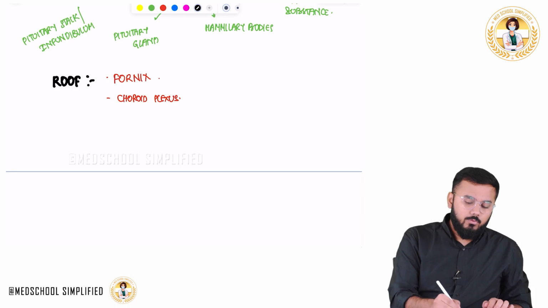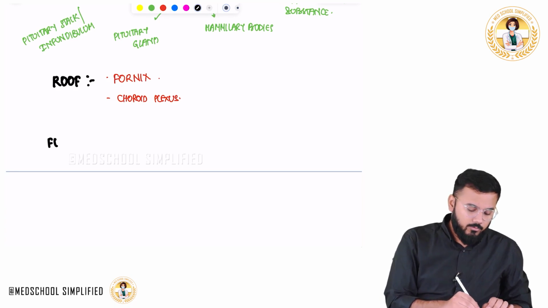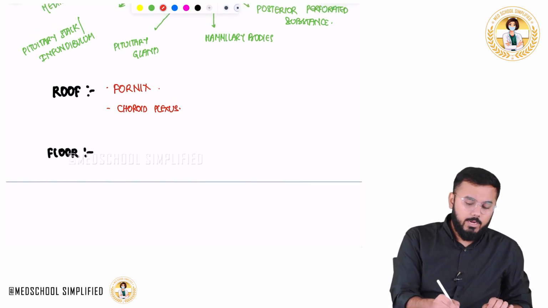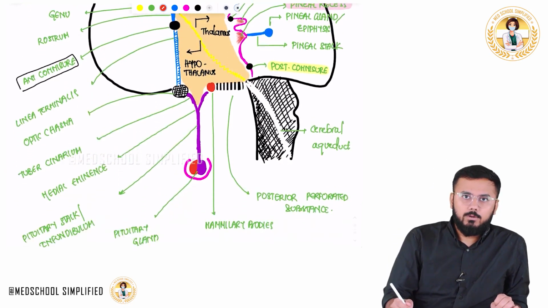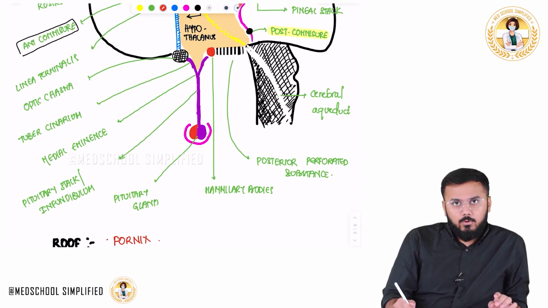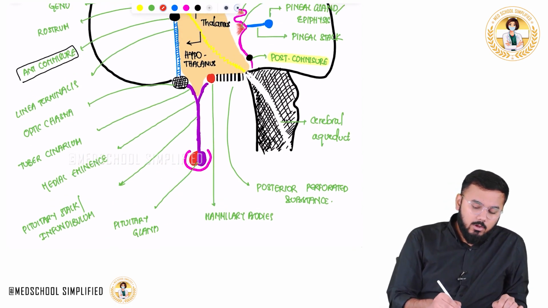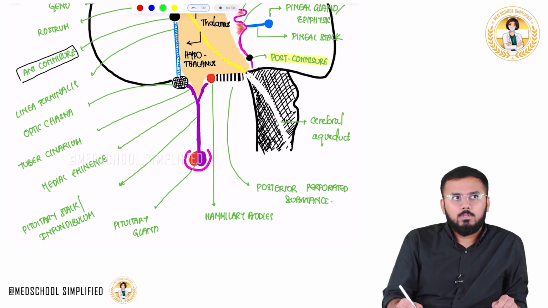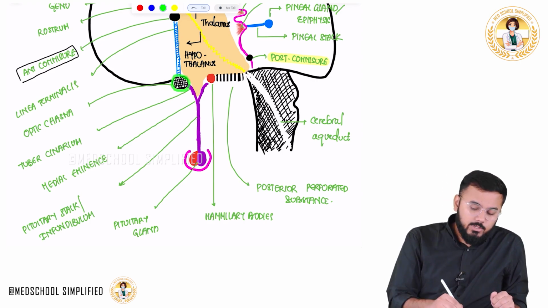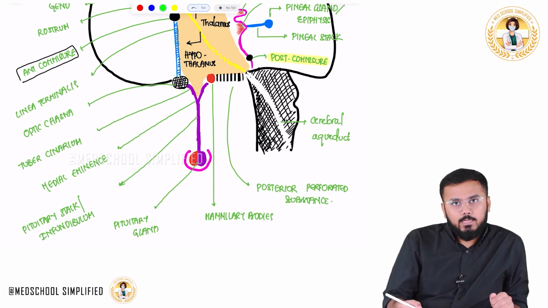Now after the roof, let us discuss about the floor. What are the structures that are forming the floor of the diencephalon or the floor of the third ventricle over here? The first important structure which you can see over here is called as your optic chiasma.